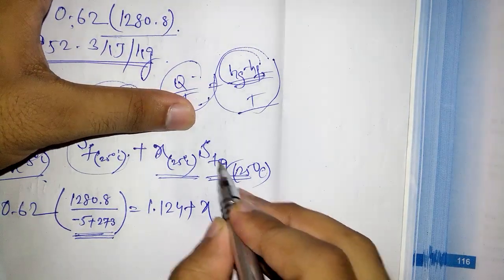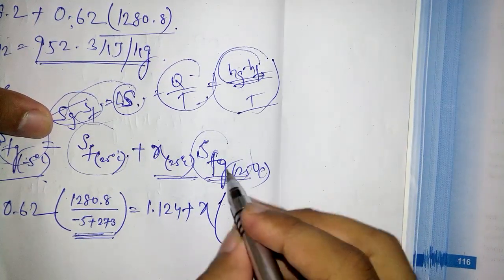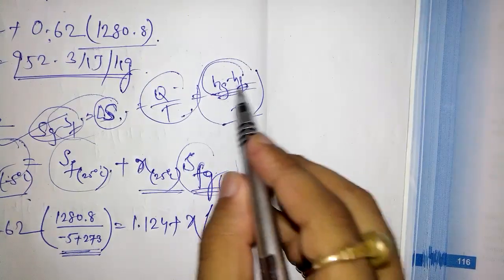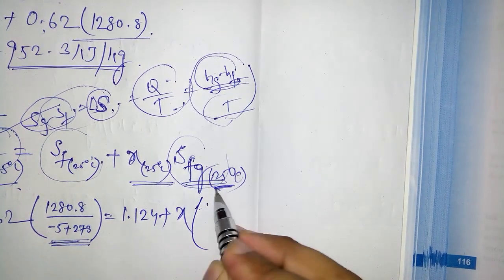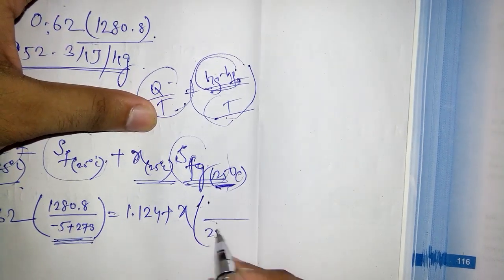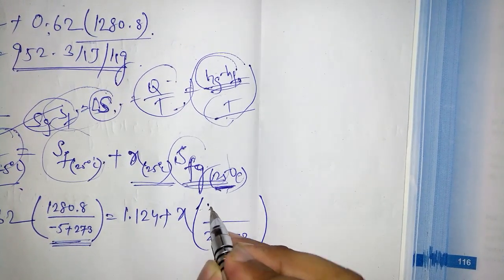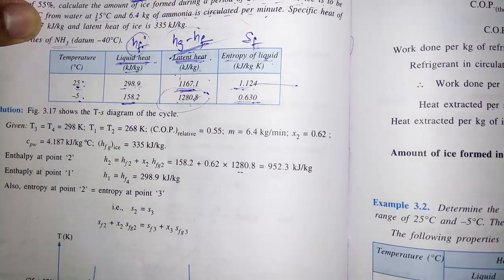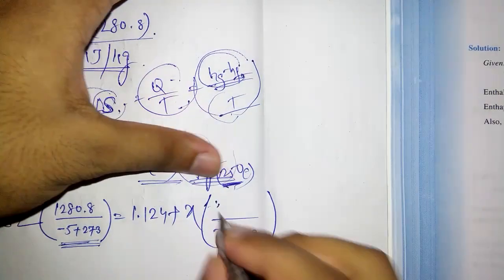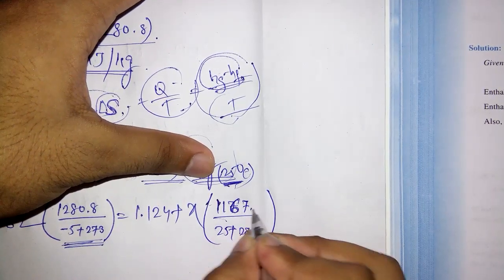Sfg is again Hg minus Hf divided by the corresponding temperature, here 25 plus 273. At 25 degrees Celsius, Hg minus Hf is 1167.1.